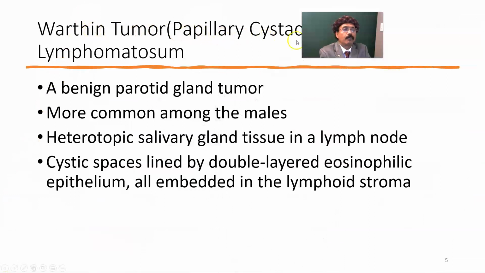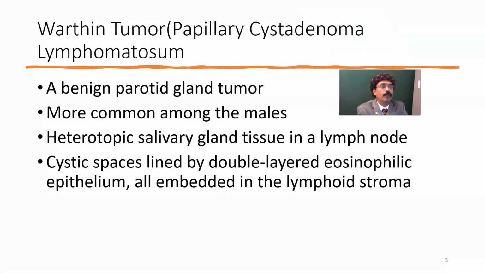Warthin tumor, papillary cystadenoma. This is a benign parotid gland tumor, more common among males. It is heterotopic salivary gland tissue in a lymph node, with cystic spaces lined with double-layered eosinophilic epithelium, all embedded in lymphoid stroma. So its name is papillary cystadenoma lymphomatosum.